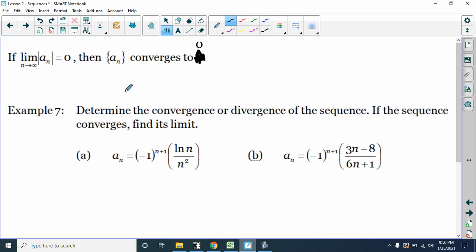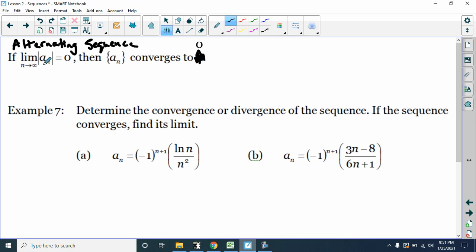And then the last thing, this is for an alternating sequence. How to check to see if an alternating sequence converges or not. So what we can do is we can take the absolute value of the sequence. So basically disregard the negative part.